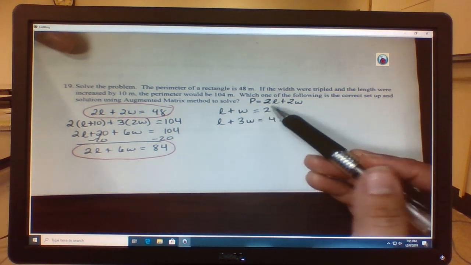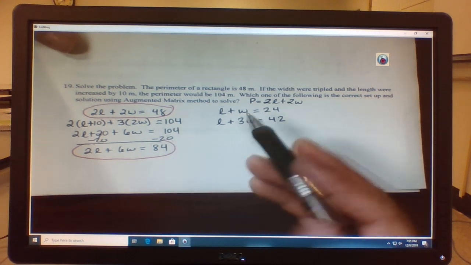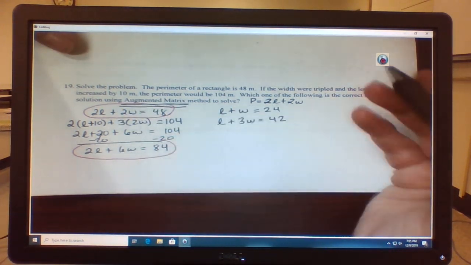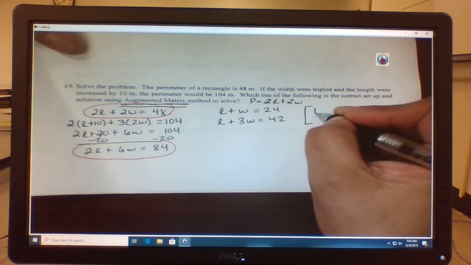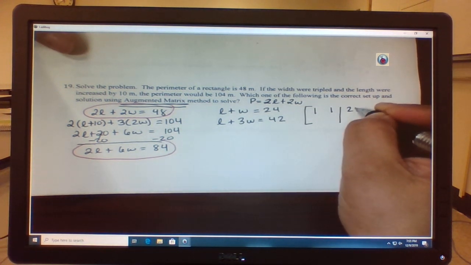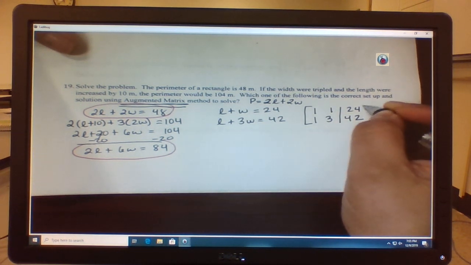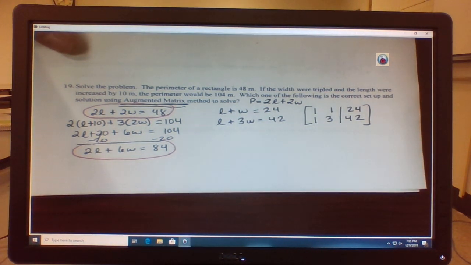From here, after you set them up and we've reduced, it says, can you please write them as an augmented matrix? All that means is I want to see 1, 1, 24, 1, 3, 42. Now, you could solve it doing substitution, elimination, graphing, or Gaussian elimination.